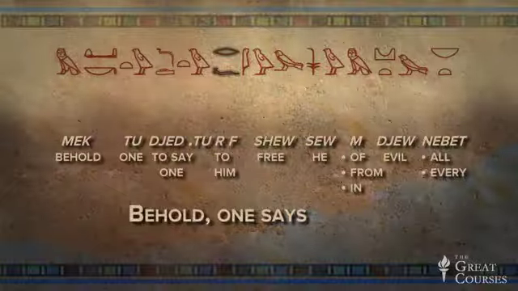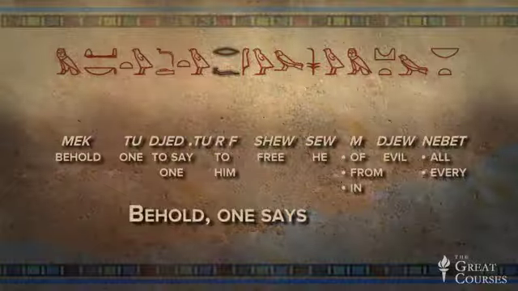The R is the question, the mouth. It could mean to, but it should be to a place. The water sign is the to for people. The mouth sign does mean with respect to, and that might work. Thus, the beginning of the sentence might be, behold, one says of him.